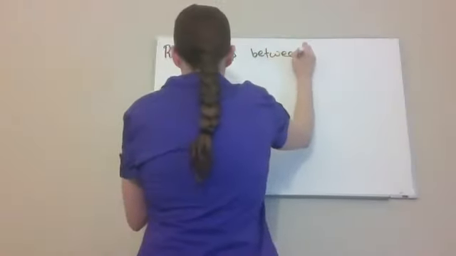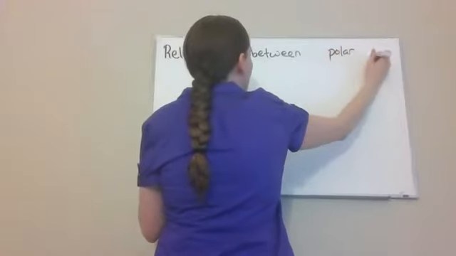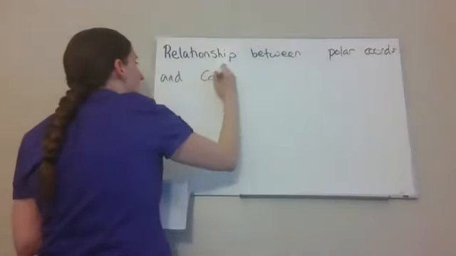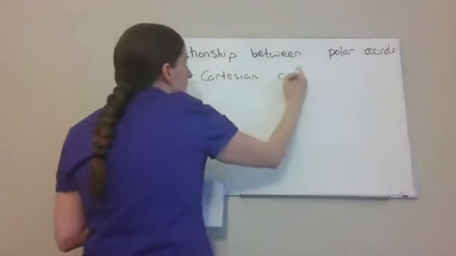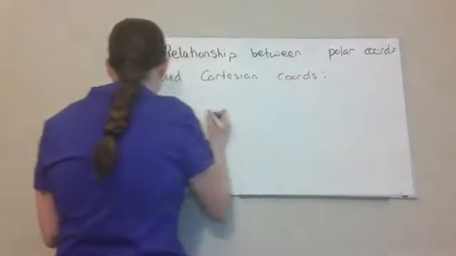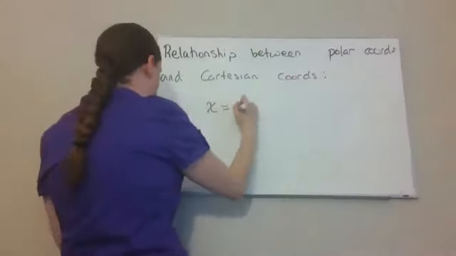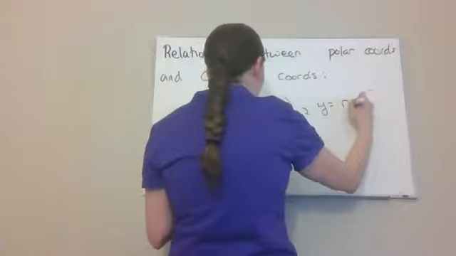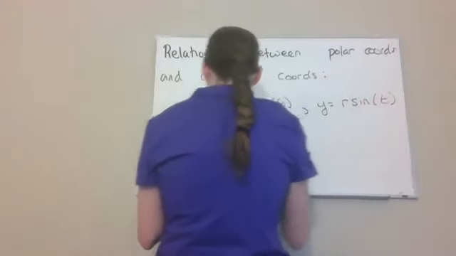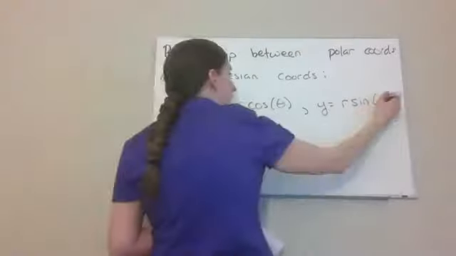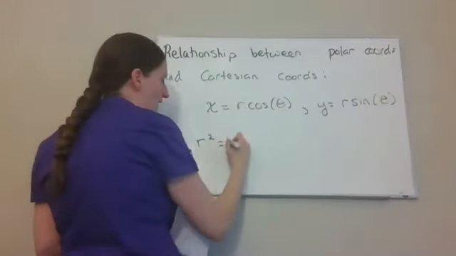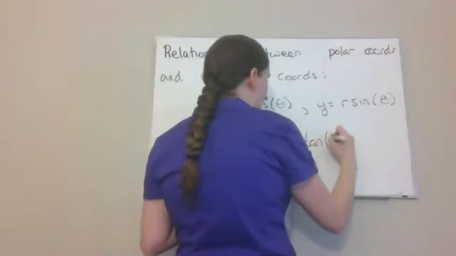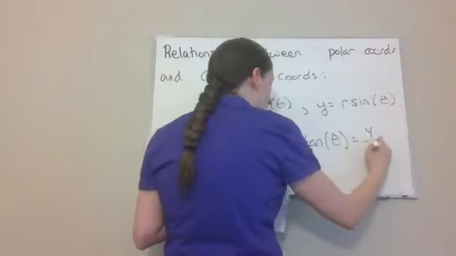The relationship between polar coordinates and Cartesian coordinates is given by x equals r cosine theta, y equals r sine theta, and we can also use r squared is x squared plus y squared, and tangent theta is equal to y over x.